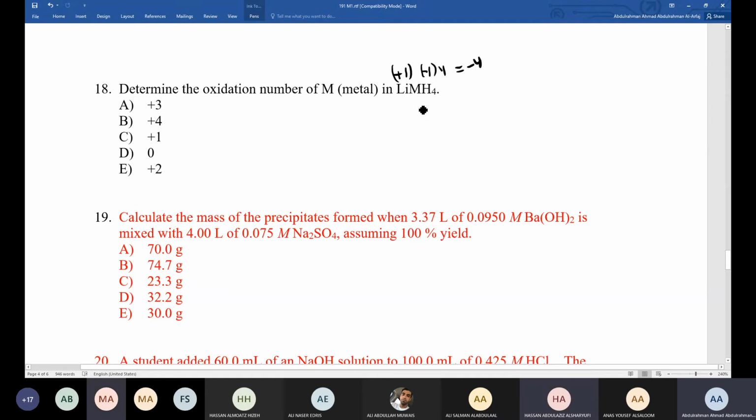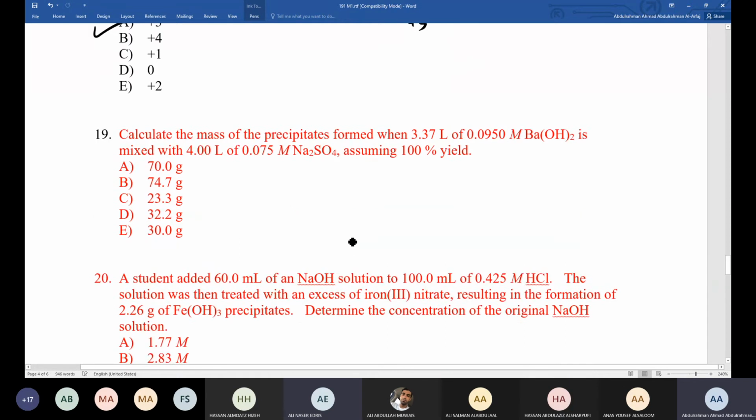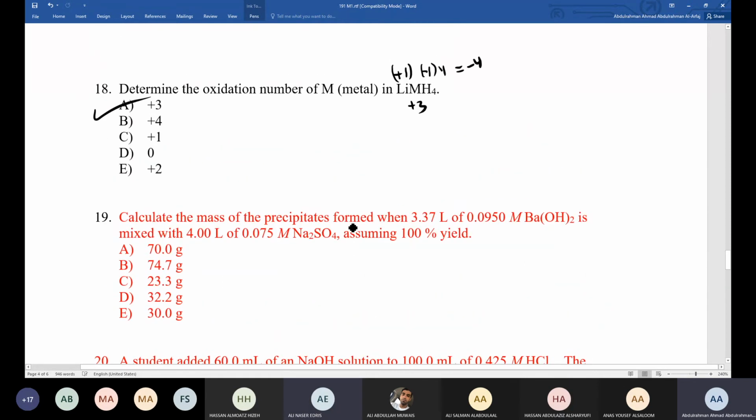Plus 3. It must be plus 3. And it is. Good. 19. Doctor, why is H minus 1, not plus? H is plus when it is with halogens and so on. With metals, H is minus. Okay. Yes. We have this rule in the charges.